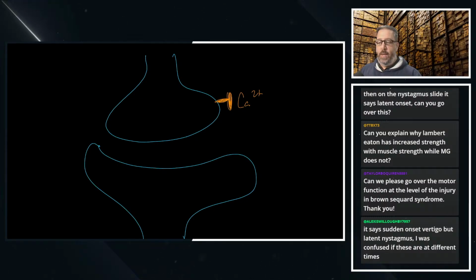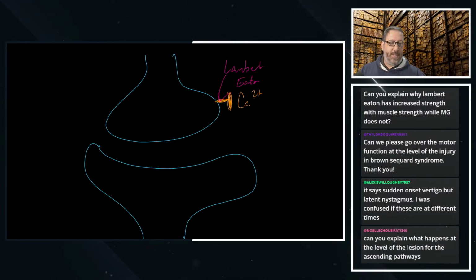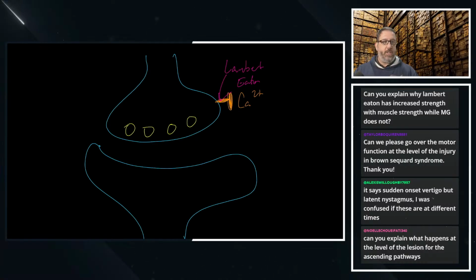Lambert-Eaton attacks that, so we prevent calcium release, but all of the neurotransmitters for acetylcholine are just fine.